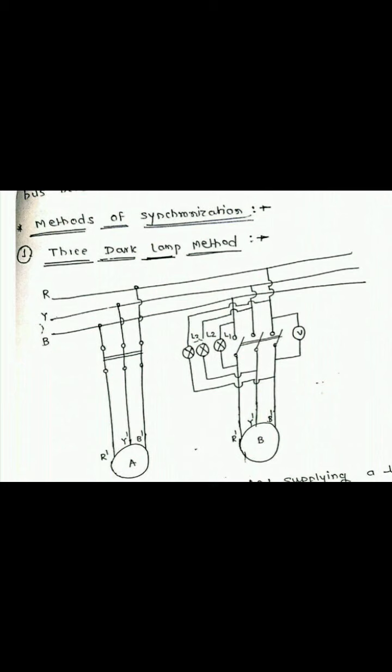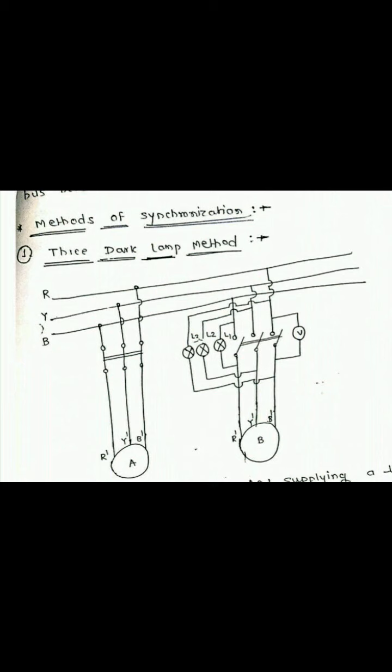So let's start the first method of synchronization of alternator, and that is called the three dark lamp method. As shown in the figure, there is a three-phase supply available for us, that is RYB. The figure shows an alternator A supplying a load with alternator B all wired up and ready for startup. If these are low voltage generators, generator B can be phased out by connecting three lamps across the ends of a triple pole paralleling switch as shown.